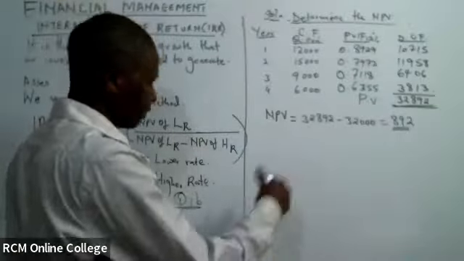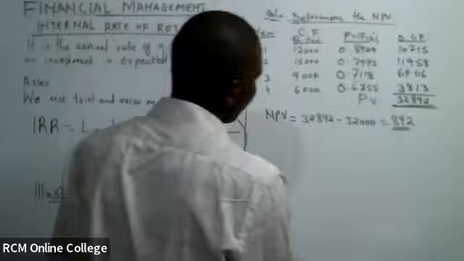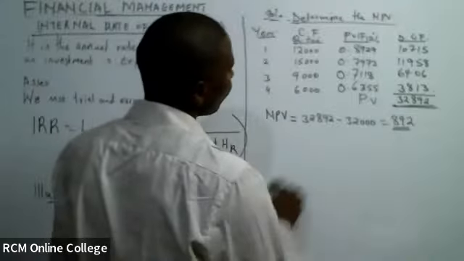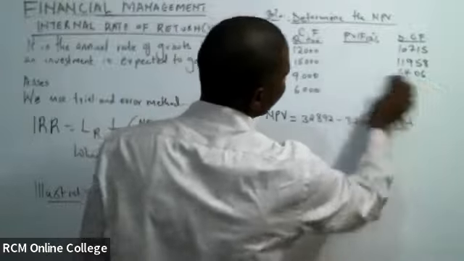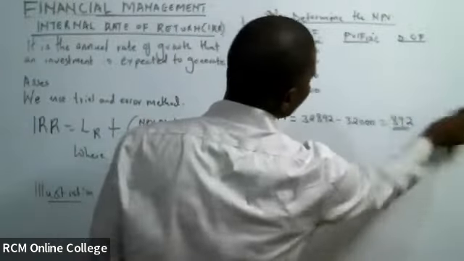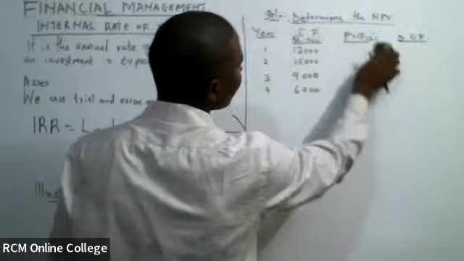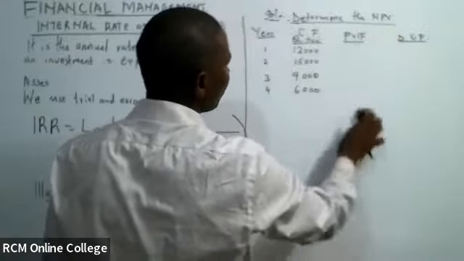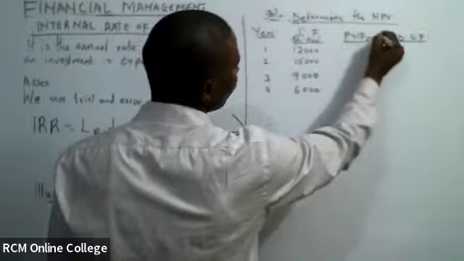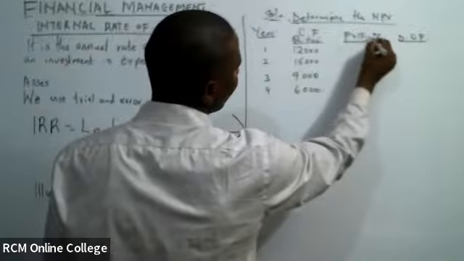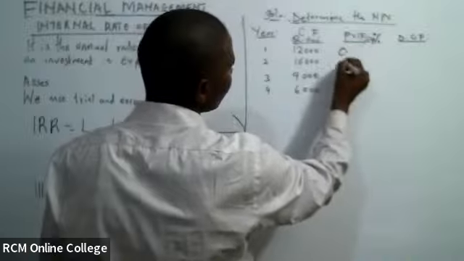So let's double that. As for me, I will not repeat the whole of this. I will just eliminate all this, and then I double my 12 to be 24. So for you, you have to have another one.